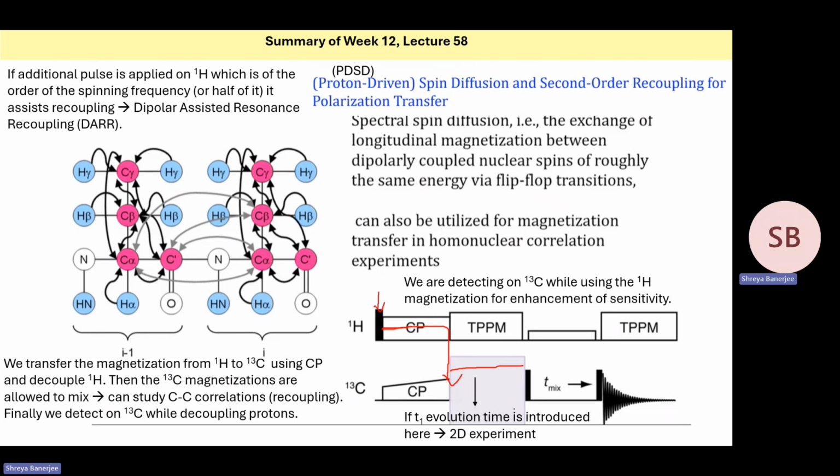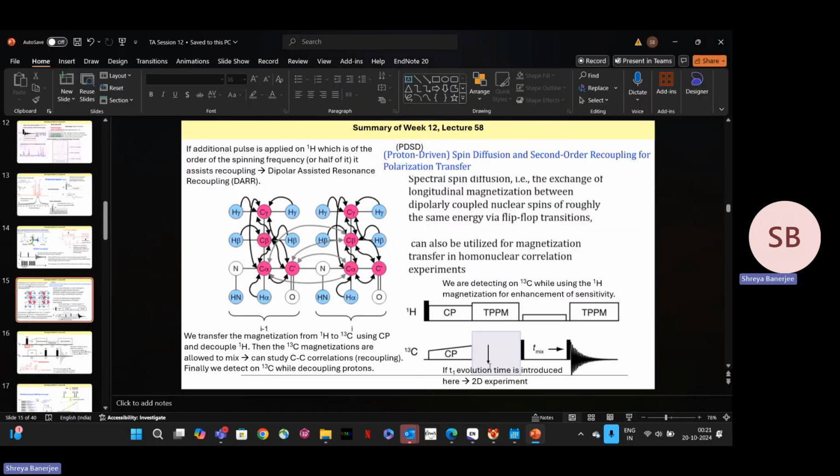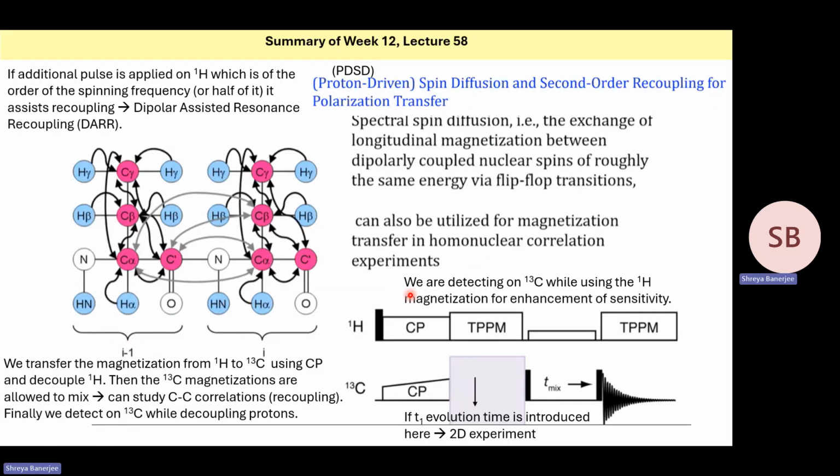Let us first consider without this time, so I'll just discard this. You're starting with a pi by 2 pulse on 1H. Then cross polarization is done to transfer the magnetization to 13C.